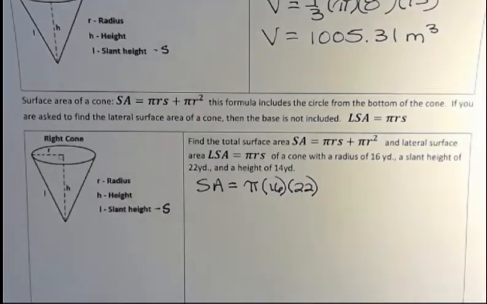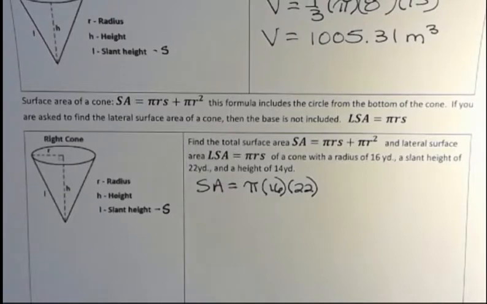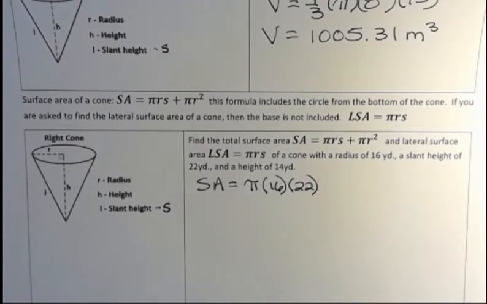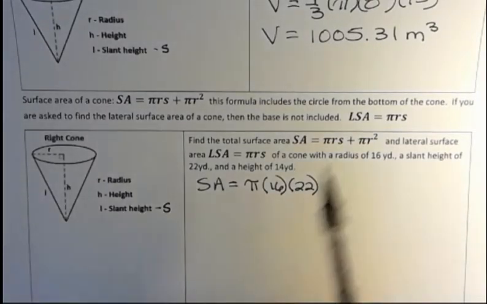We don't have to use the height. We need the slant height, because pi r h would be the formula if it were a cylinder that we flattened out, but this one's different, so we use the slant height.